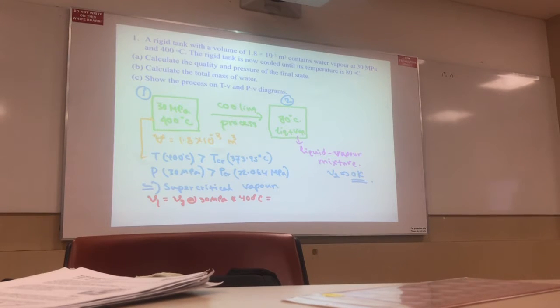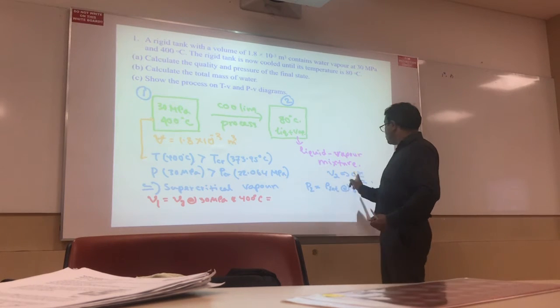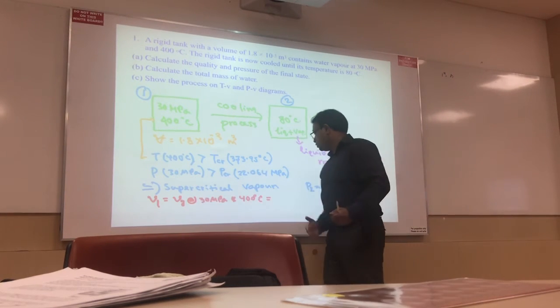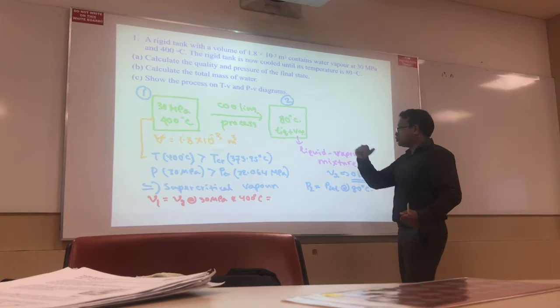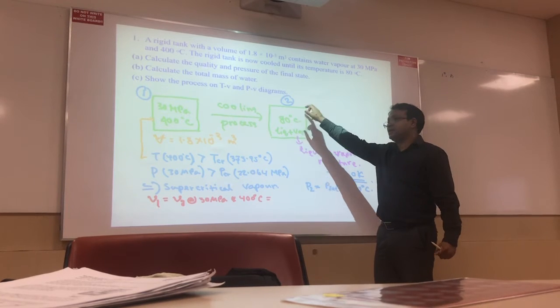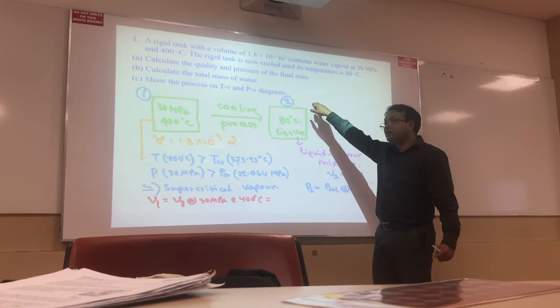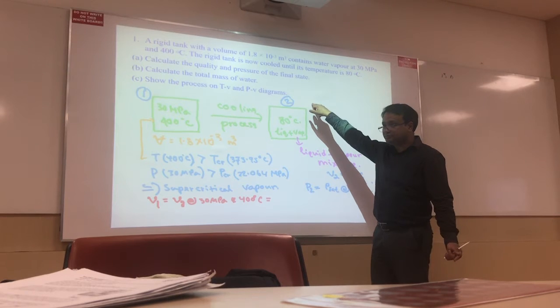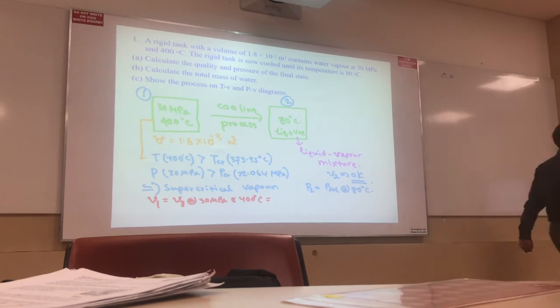So what is the final pressure? Final pressure P2 is P saturation with respect to 80 degrees Celsius. Correct. Then at state 2, V2 I know. At 80 degrees Celsius I can find Vf and Vg from the table.